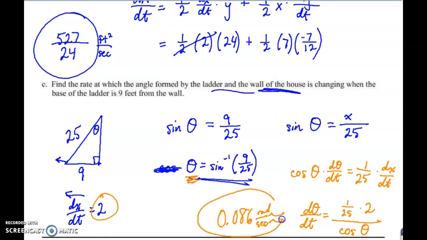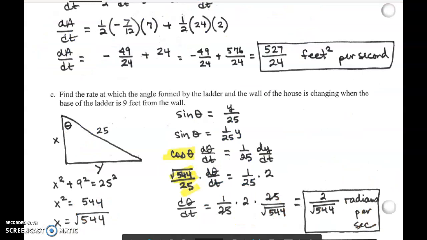By the way, if you ever change that to degrees per second, you're technically right. But in calculus, we stick with radians. So with the calculator, I shared with you that answer. I just want to point out that you don't actually need a calculator, because if you did the inverse sine, that would find you the angle measure. Well, if you're doing the cosine of that angle, then you can figure out what, they use different variables, so I need to be careful with how I say it.